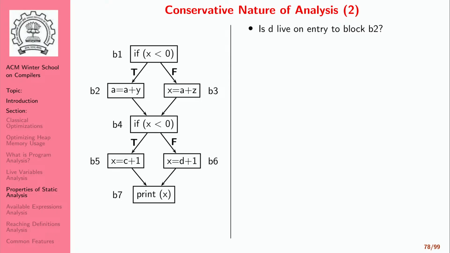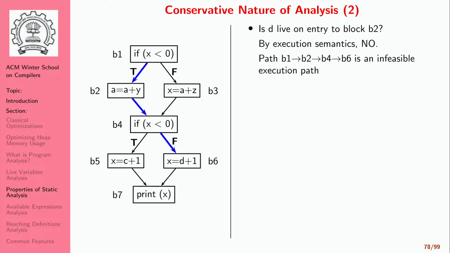It's not a feasible path. Yes, so this path is an infeasible execution path. If x was negative here, it will continue to be negative here because there is no assignment to x here.